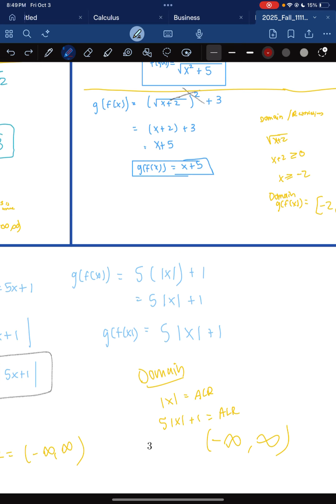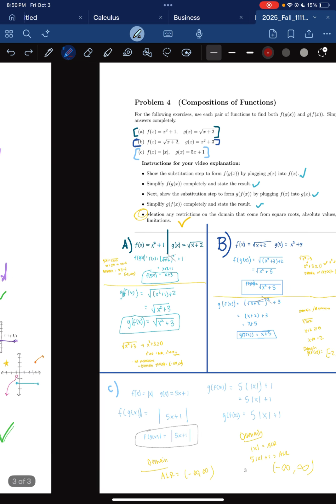We can't really simplify that, but we do know that absolute value of x is all real numbers. And so we know that 5 times absolute value of x plus 1 is also all real numbers, which gives us negative infinity to positive infinity.